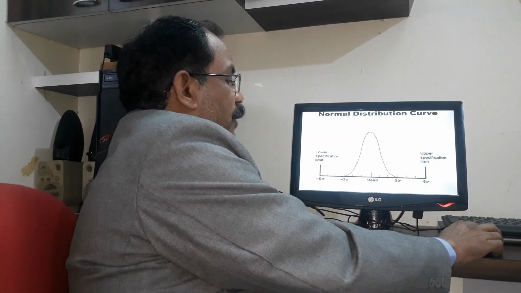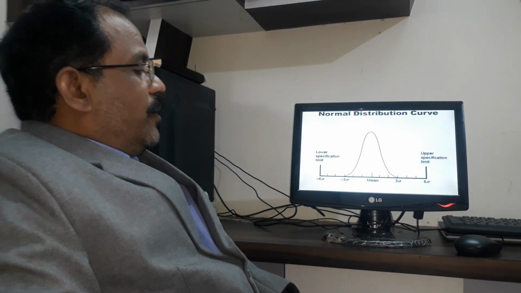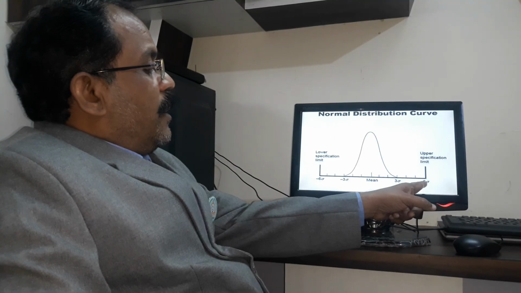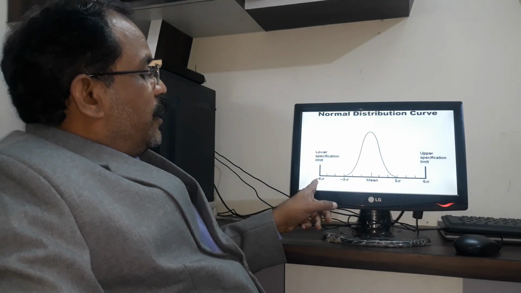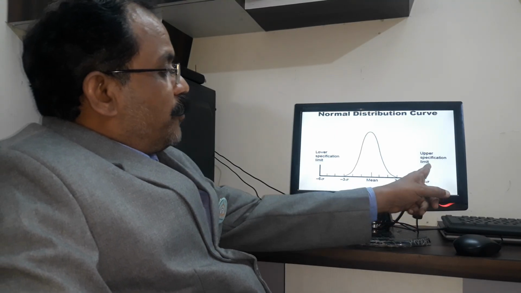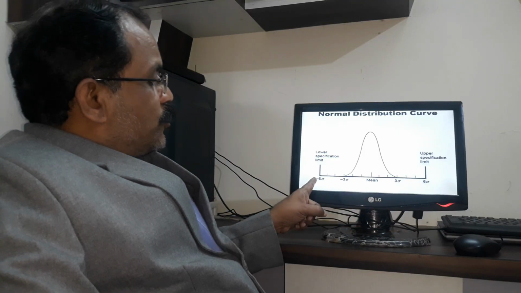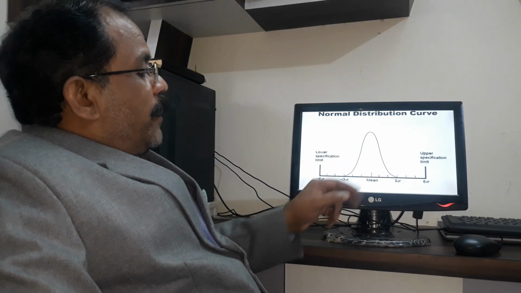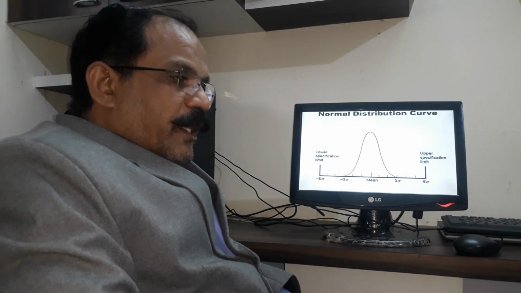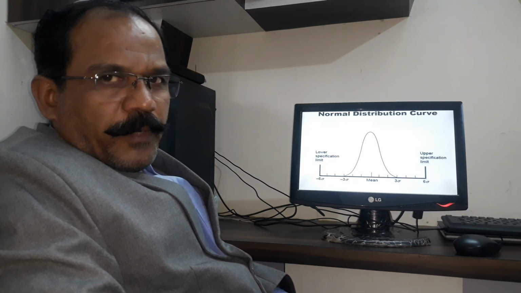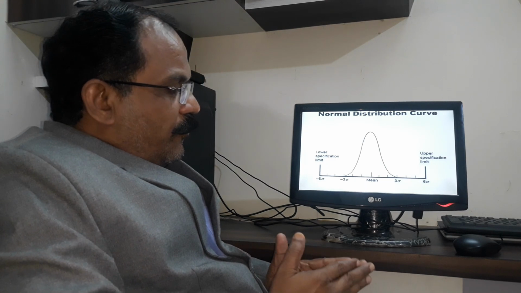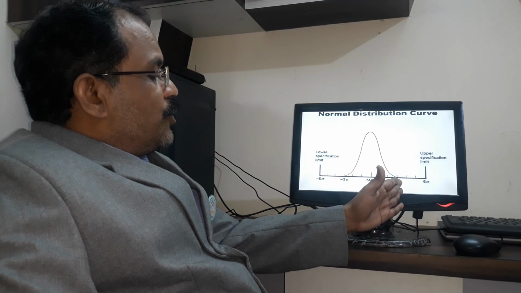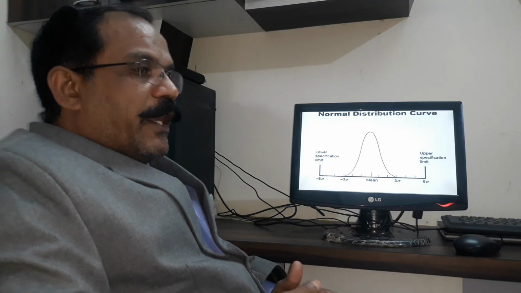Suppose I plot the graph, it will be like this. This is the mean line, this is the maximum plus 6 sigma, and this is minus 6 sigma, which means the upper specification limit and the lower specification limit. But it has been found over a long period of time that the products will fall within 3 sigma on the positive side and 3 sigma on the negative side.